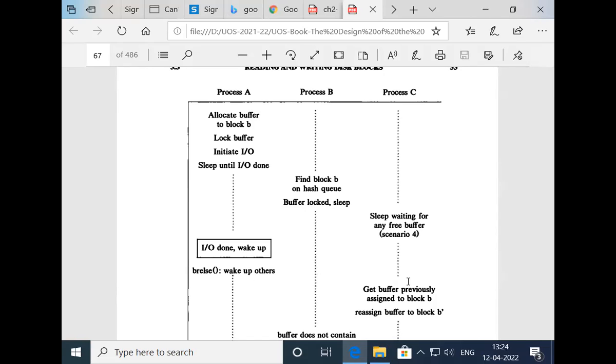Draw this diagram. Carefully show the statements. After process A statements, process B statement should be there. After B, C statement should be there. Diagram जर बघितला तर पहिल्यांदा प्रोसेस ए चे स्टेटमेंट्स दाखवलेले आहेत कारण आपण y ऍक्सिस वर टाइम दाखवलेला आहे आणि x ऍक्सिस वर प्रोसेसेस दाखवलेले आहेत.